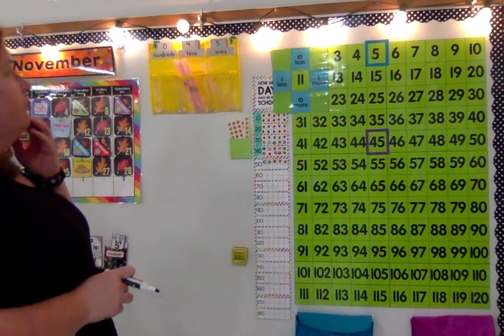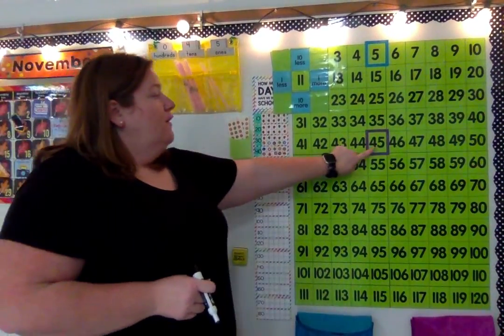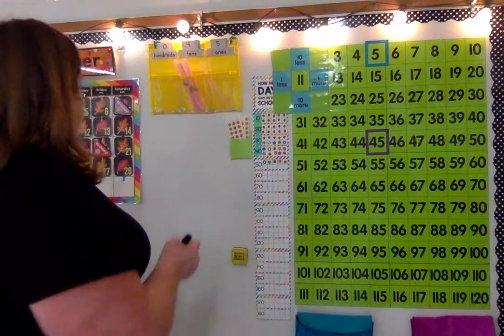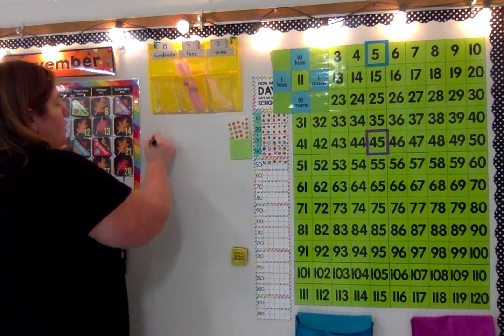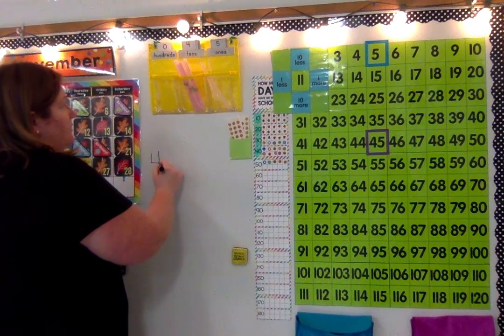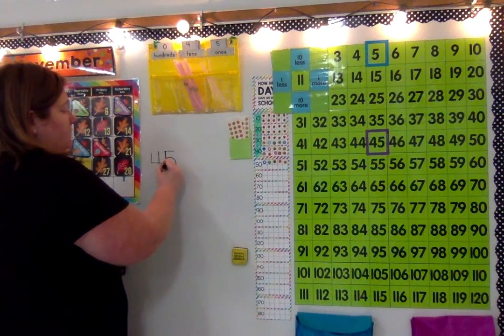Nice job. Okay, let's take a look at our days that we've been in school. On Friday, we'd been in school for 45 days. That means there were 4 tens, 5 ones.